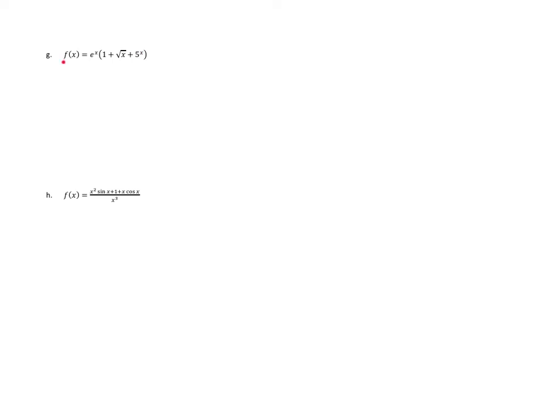For part G, I see that we have a product of two functions, a first times a second, but I'm going to rewrite this. So the part I'm focusing on is the square root. I'm going to put it as x to the 1/2 power. And then I'll identify this is my first and this is my second.